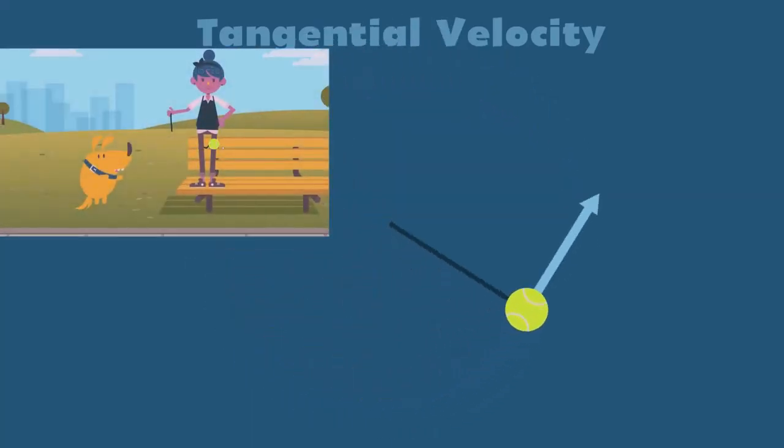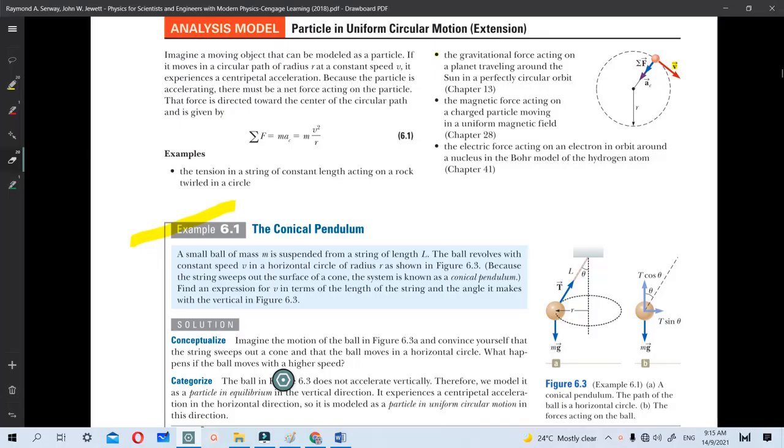Now let's turn to example 6.1, the conical pendulum. The term is conical because as the pendulum rotates, it resembles the shape of a cone.